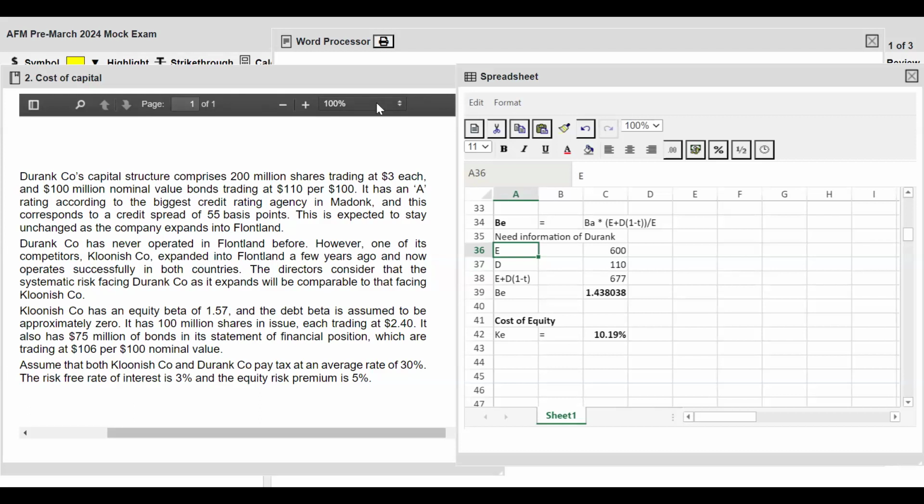Any inputs? How can we calculate the cost of debt here? Okay, I give you 3 minutes, 4 minutes, you give it a try.